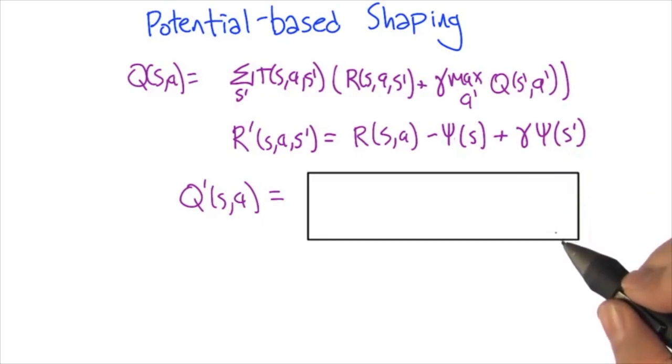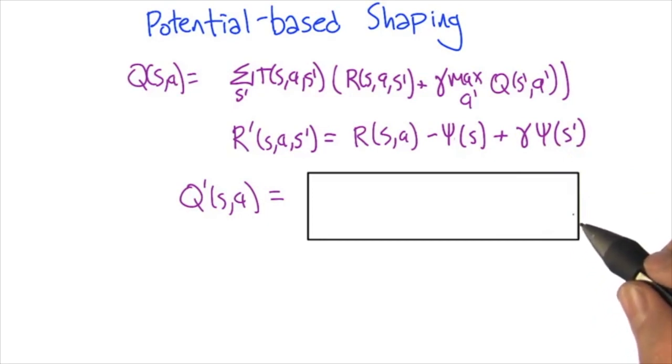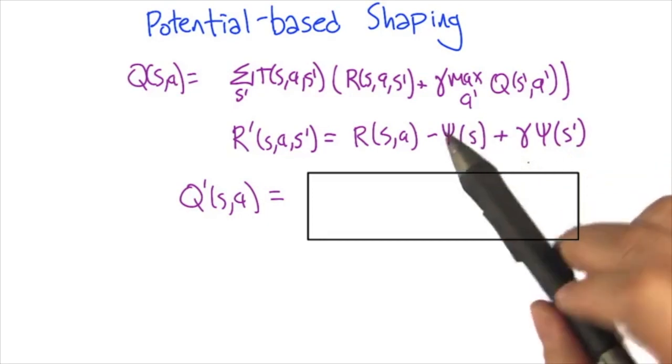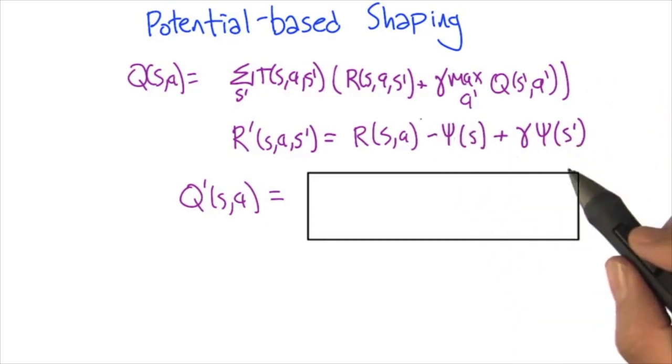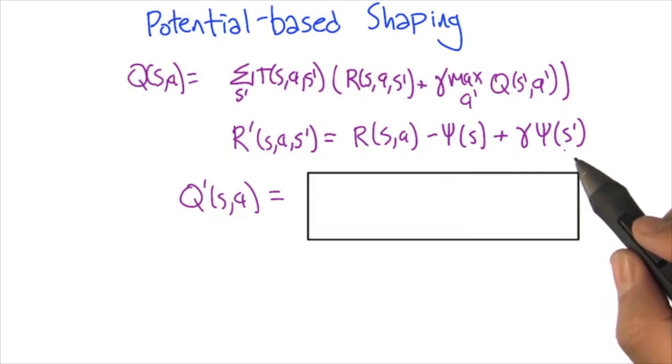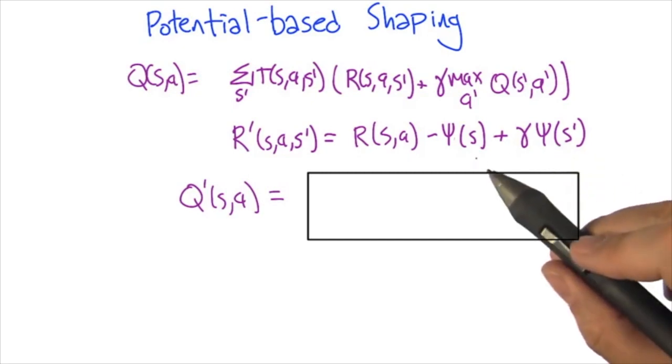Okay. So let me make certain I got the intuition here. Let's ignore the minus psi of S and just think about the plus gamma psi of S prime. You're saying that every time we enter into some state S prime, we're going to get that little bonus, which is what we've been talking about before. But now I've got to account for the minus psi of S. Well, the minus psi of S is just a way of saying, yeah, but whenever I leave a state, I have to lose that bonus.